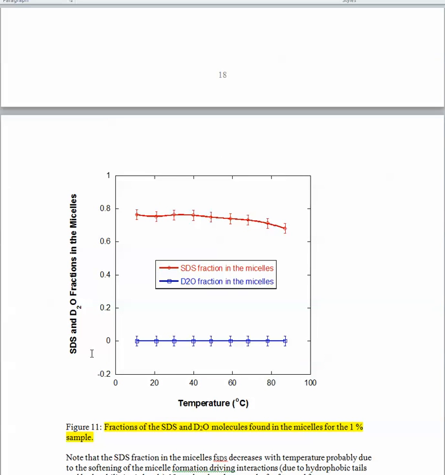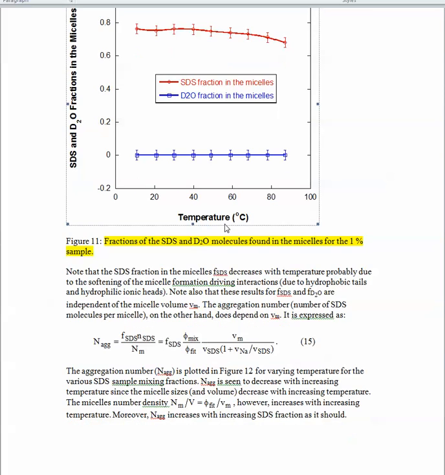Anyway, the SDS fraction and the D2O fraction inside the micelles. So we found that D2O is pretty close to 0, so there's no water inside the micelles. And the STS fraction remains pretty close to the CMC fraction. Okay.